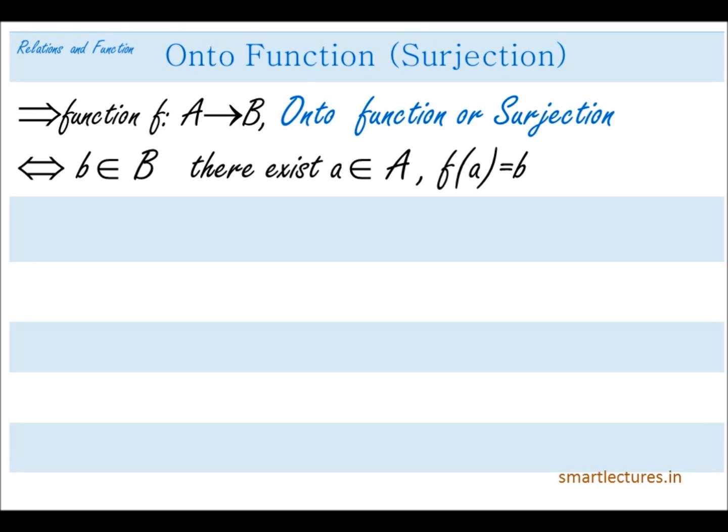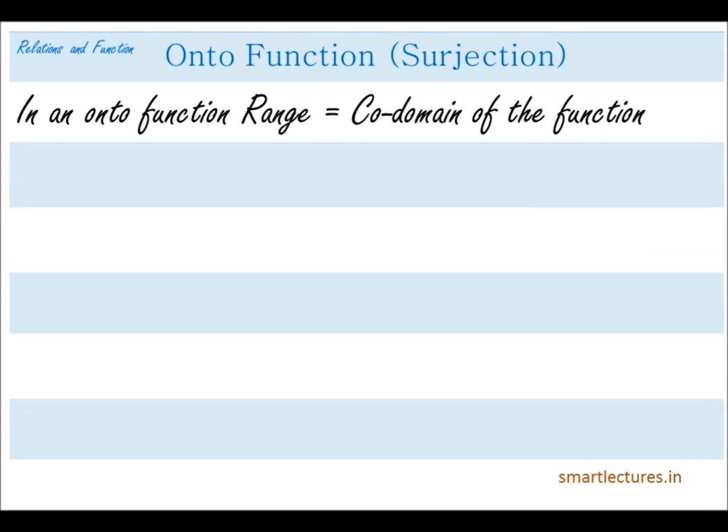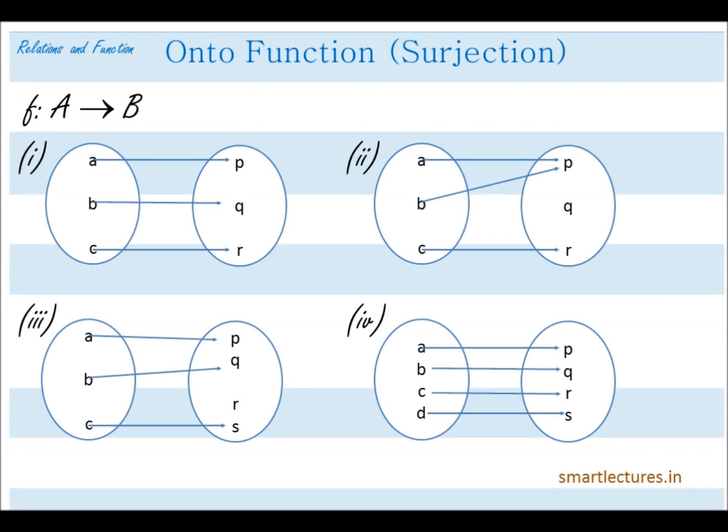Also, you will note that in the case of an onto function, the range of the function is equal to the codomain of the function. Now again check from the diagram whether these functions are onto functions or not.